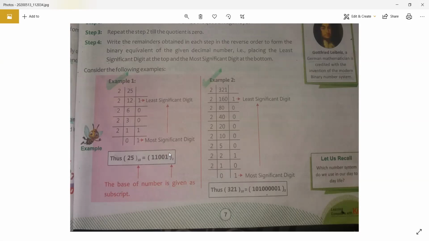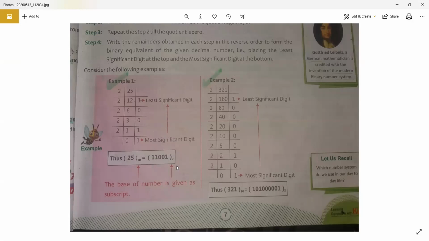The least significant bit will have the power of 0, and this power increases from the least significant bit to the MSB. So 1 into 2 raised to power 0, 0 into 2 raised to power 1, 0 into 2 raised to power 2, 1 into 2 raised to power 3, and 1 into 2 raised to power 4. After this, you have to calculate.